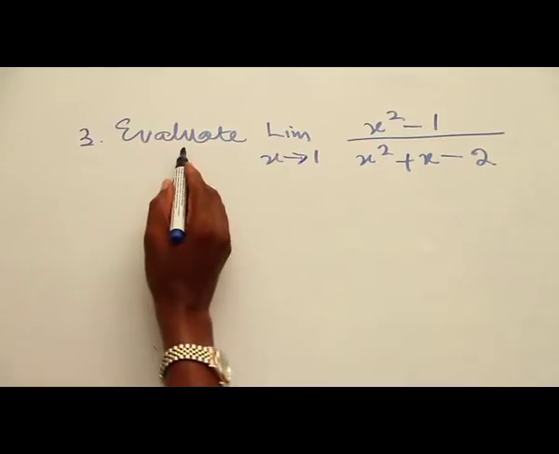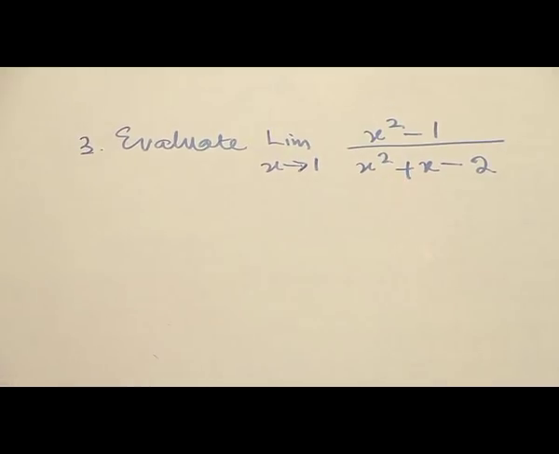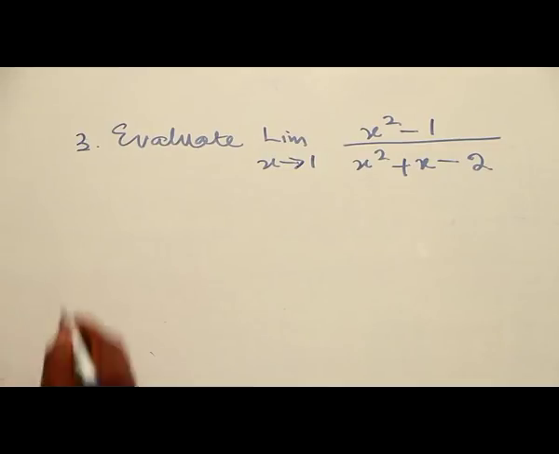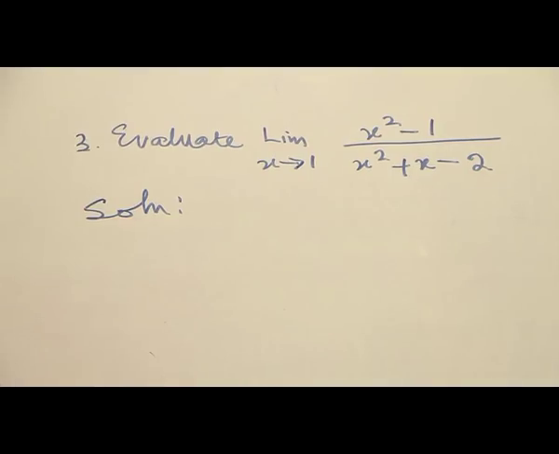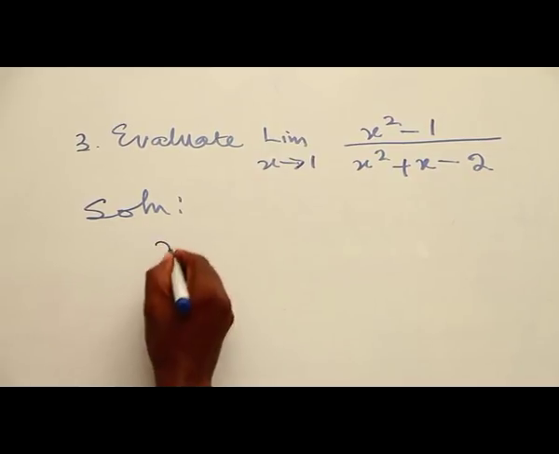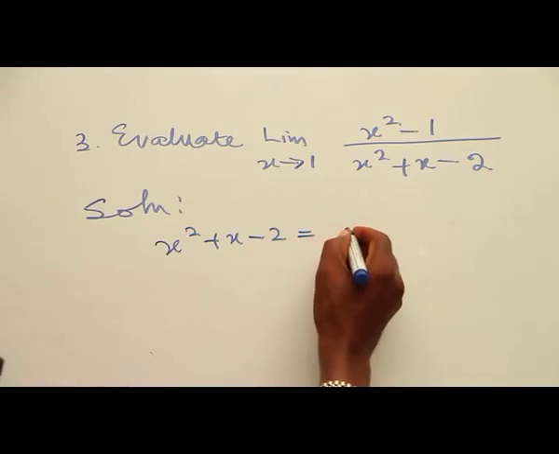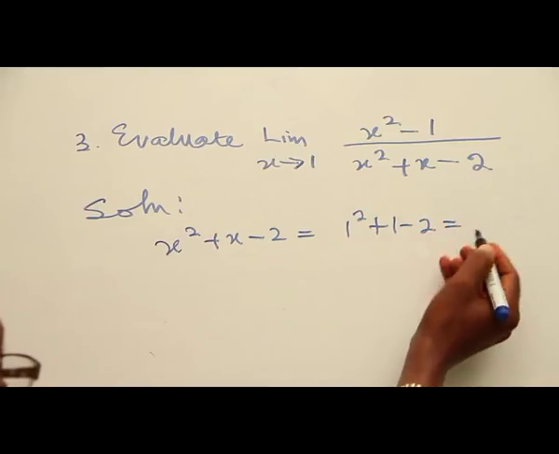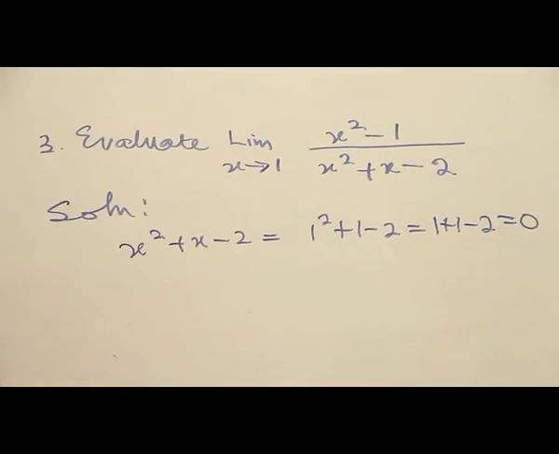Example number 3. Evaluate the limit as s tends to 1 of the function s squared minus 1 all over s squared plus s minus 2. Our solution. Once again, you observe that if you make s equal to 1, the denominator s squared plus s minus 2 will be equal to 1 squared plus 1 minus 2, which is 1 plus 1 minus 2, and the value is equal to 0.